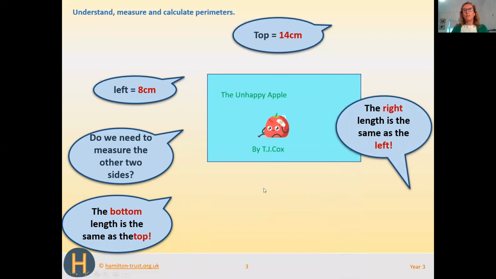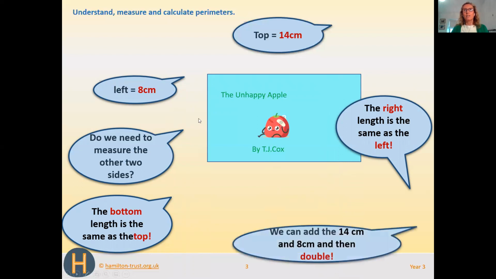So what we can do, we can add the top and the left hand measurement, so 14, add 8, and then we can double the answer. So 14 add 8 centimetres equals 22 centimetres. So then all we have to do is double 22 centimetres.